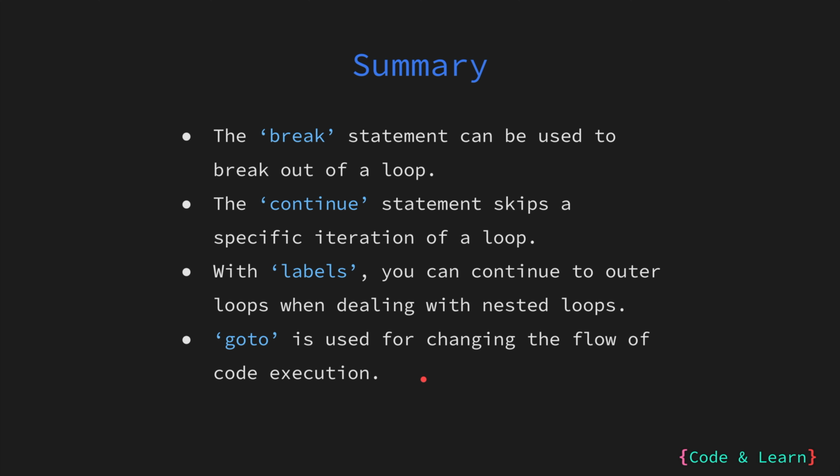Next, we looked at the goto statement. The goto statement is a control flow statement that allows you to transfer control to a labeled section of the code. It's a powerful tool, but it's often considered a last resort and can make code harder to understand and maintain. In modern programming, you don't see the use of Goto very often.